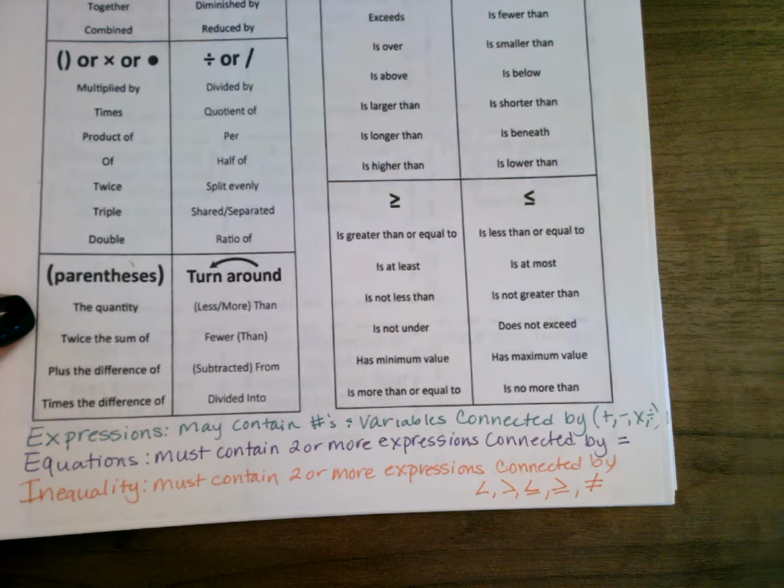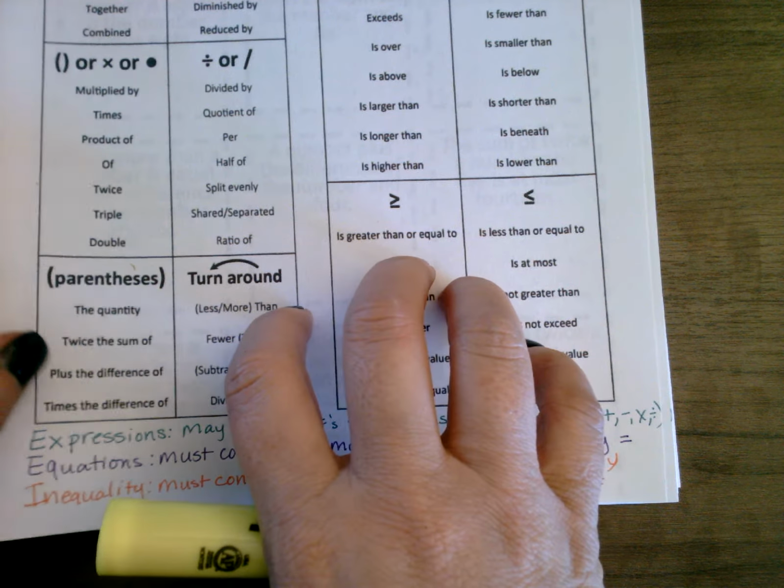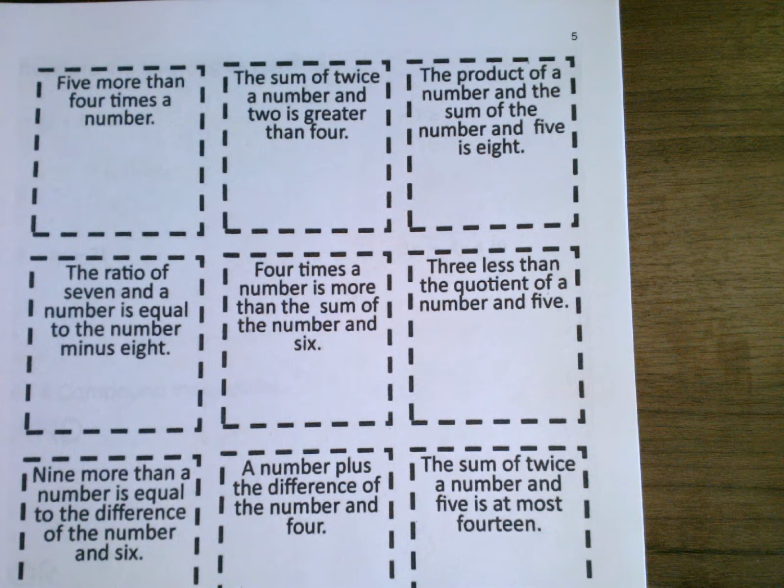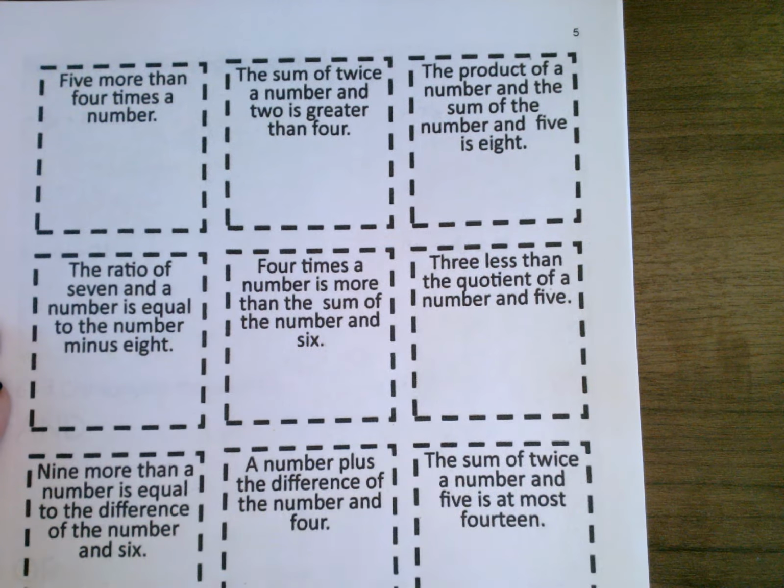What we're going to do now is use these words and start writing equations or expressions or inequalities. What I usually like to do is highlight words that give me clues as to what type of math problem or expression I am writing.